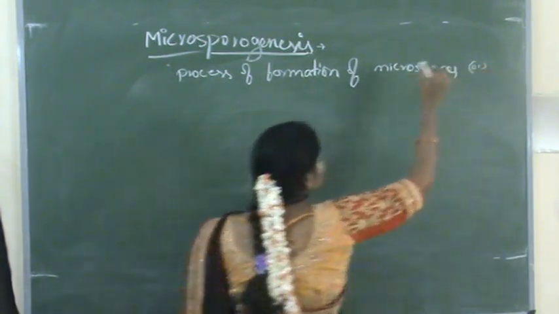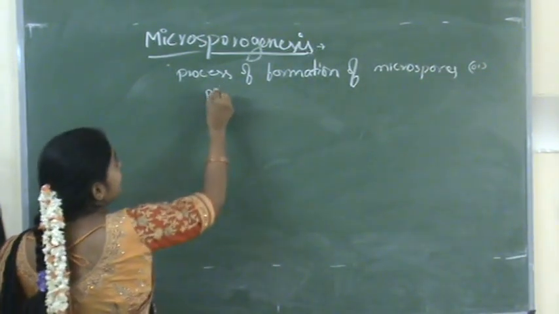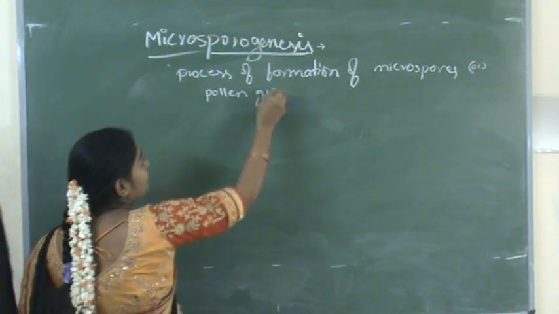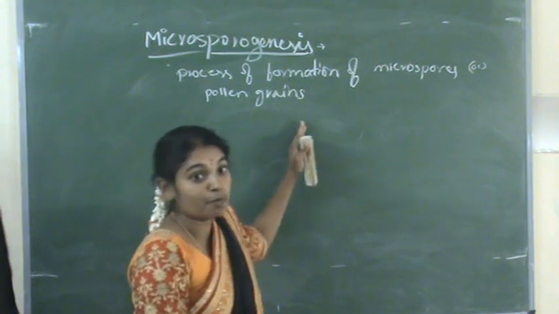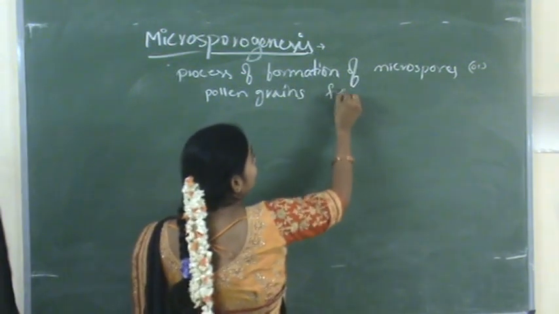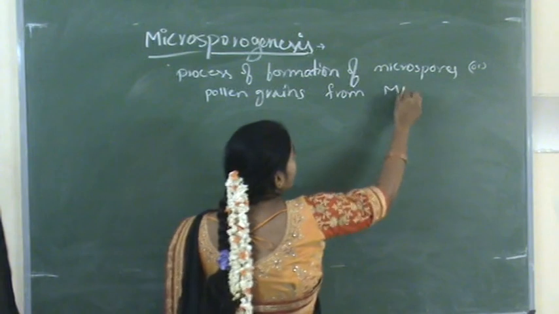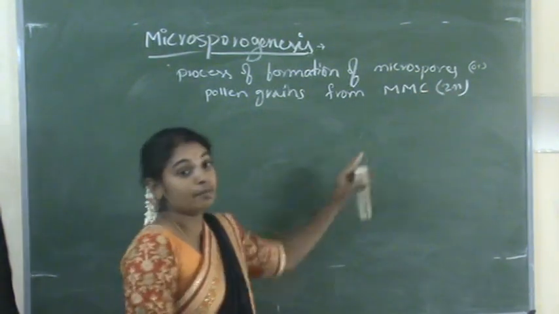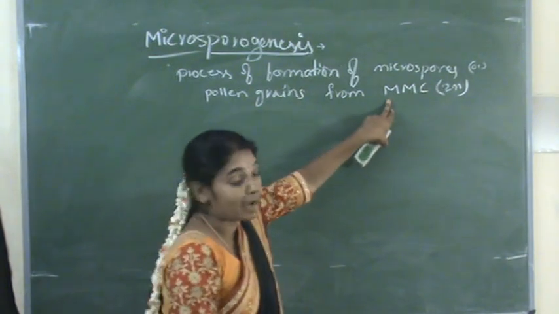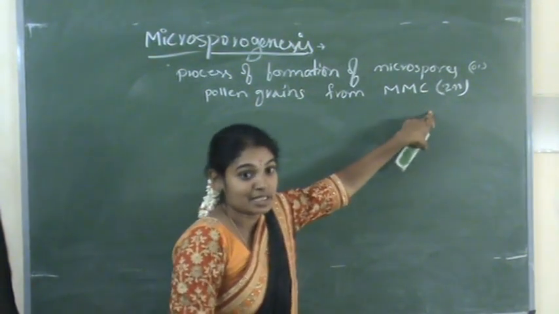Microspores are also known as pollen grains. MMC stands for microspore mother cells.